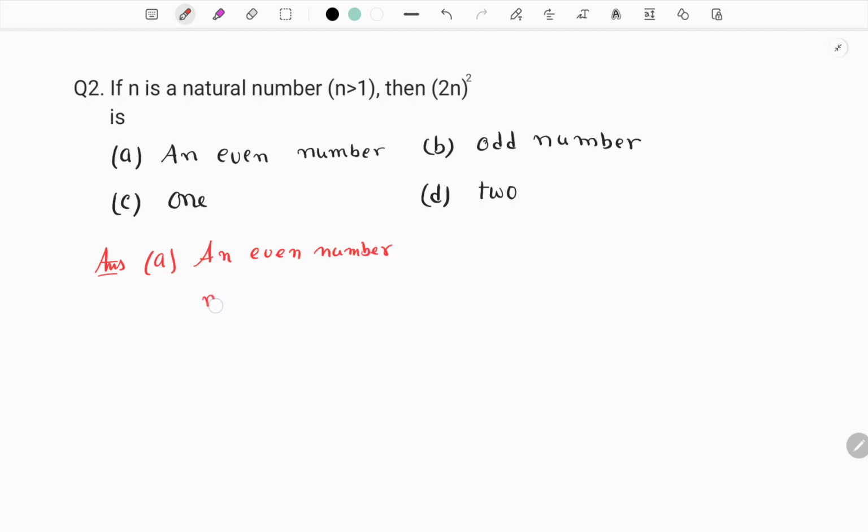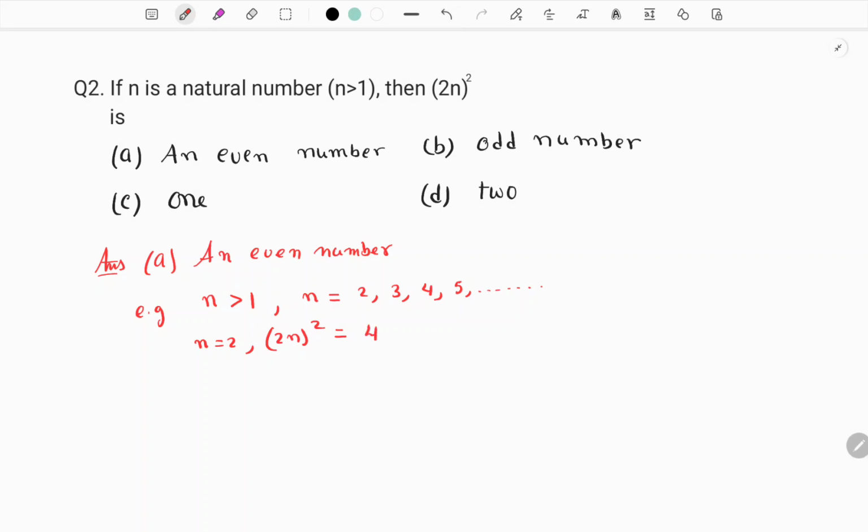So when we say n is greater than 1, which means n is equal to 2, then 3, then 4, 5, and so on. So let us take some examples of this one. So now, when n is equal to 2, then (2n) whole square, this one is equal to 2 into 2, then we'll get 4.